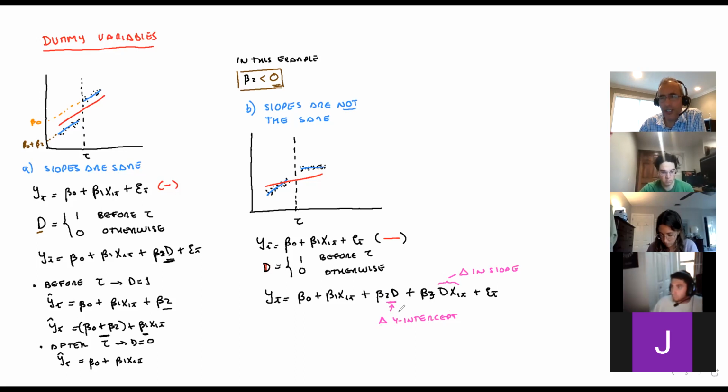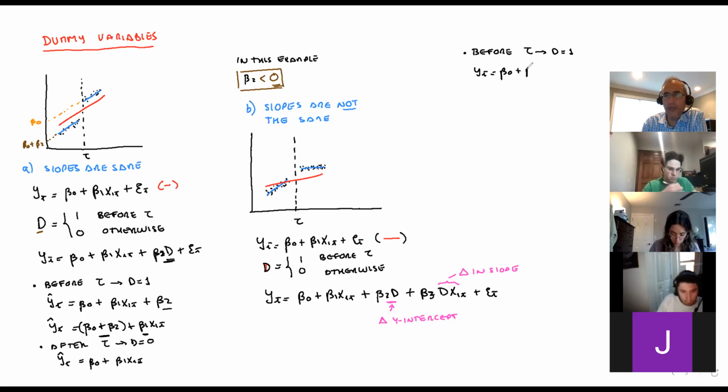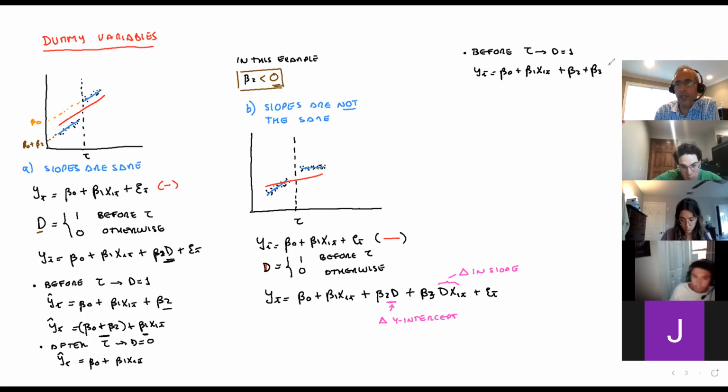Okay, so let's understand again how this works. If we are before tau, this implies that d equals 1, correct? So if d equals 1, my equation becomes y_t equals beta 0 plus beta 1 x1t plus beta 2 plus beta 3 x1t, correct, guys? Do you agree? Because d is 1.